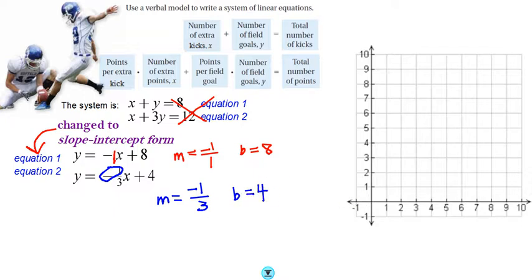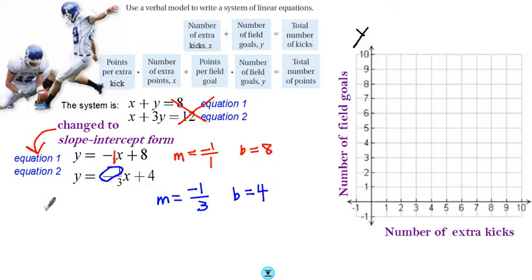So let's graph them. Make sure you label the axes. Horizontal line is the x-axis, then the y-axis. And we said x stands for the number of extra kicks, and y stands for the number of field goals, so please label them here.